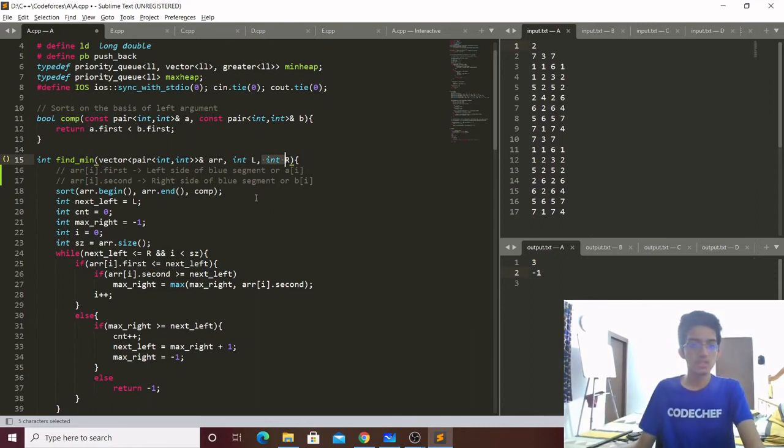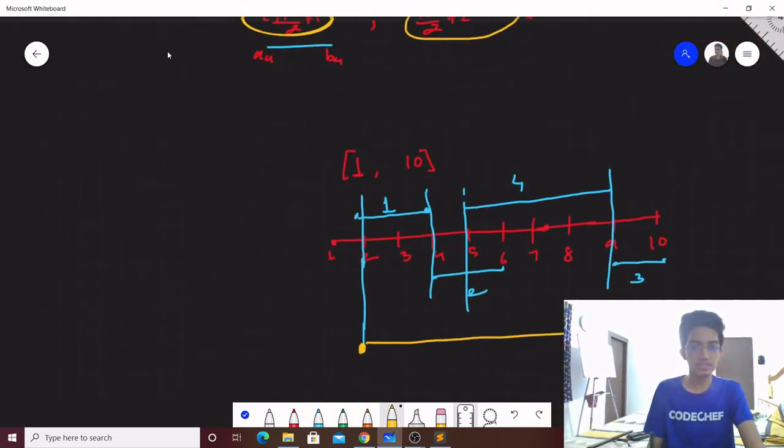Okay, so first of all, we sort our given segments on the basis of their left endpoints. This is a custom comparator which is necessary when we are sorting an array of pairs.